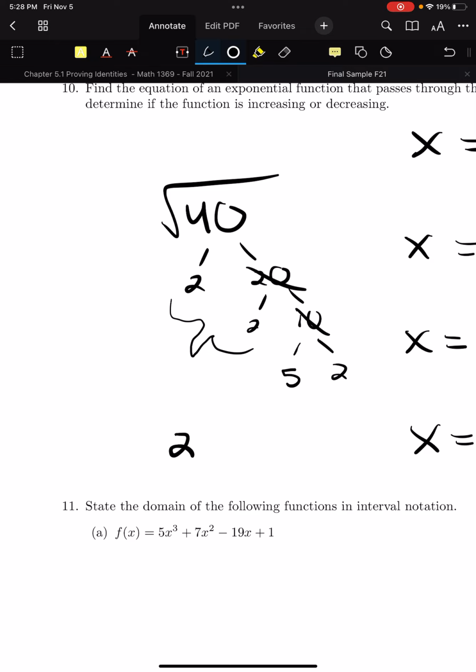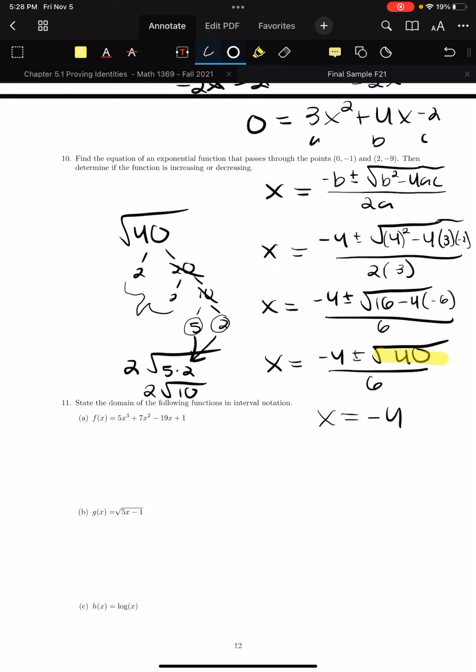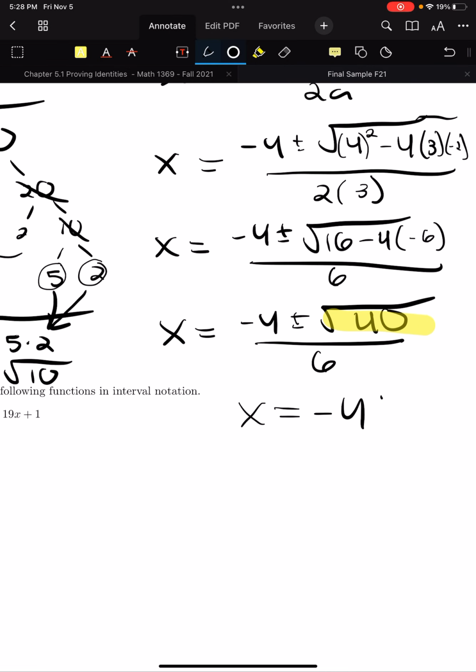So we have 2. And then the 5 and the 2, they're going to have to stay inside. So 5 times 2, that's going to be 2 square roots of 10. So negative 4 plus or minus 2 square roots of 10 all over 6.